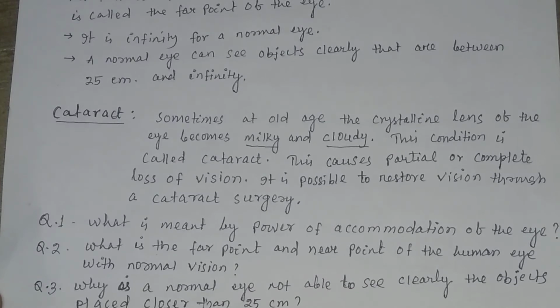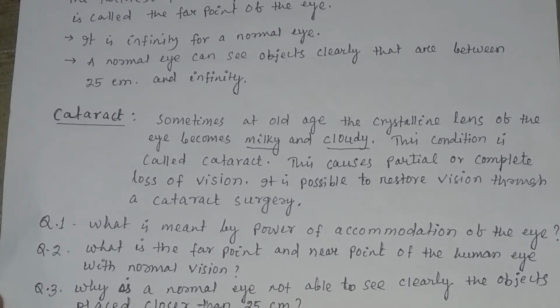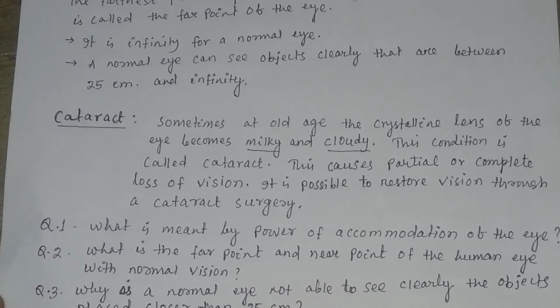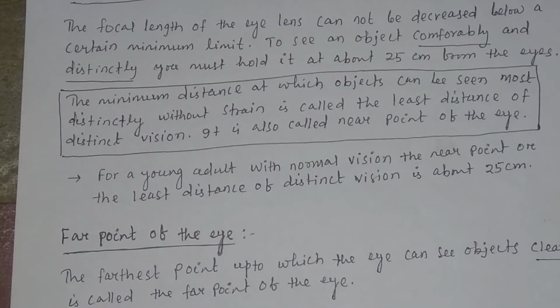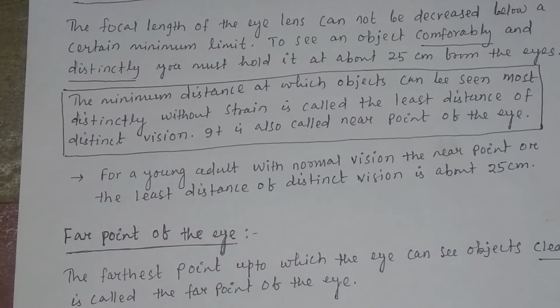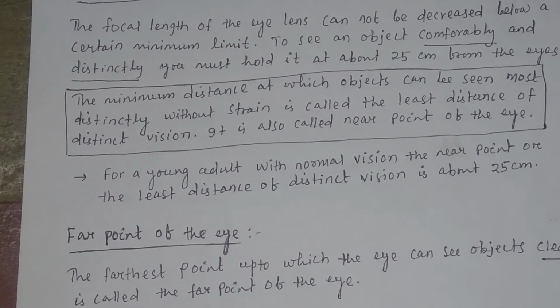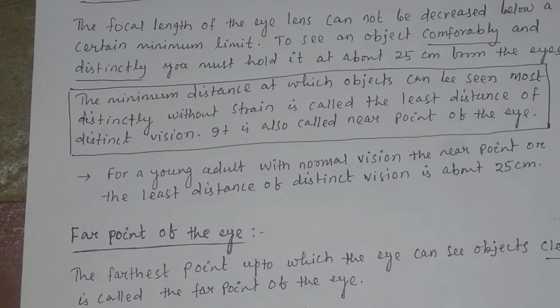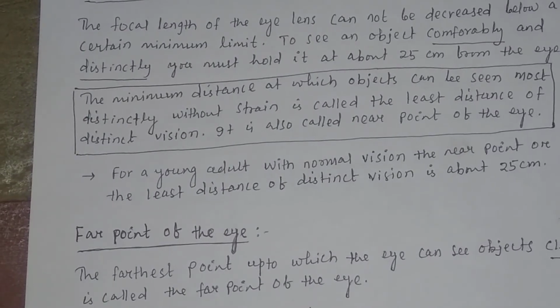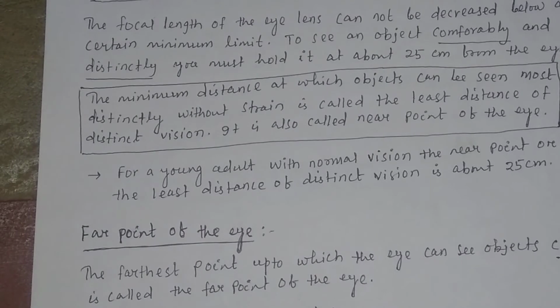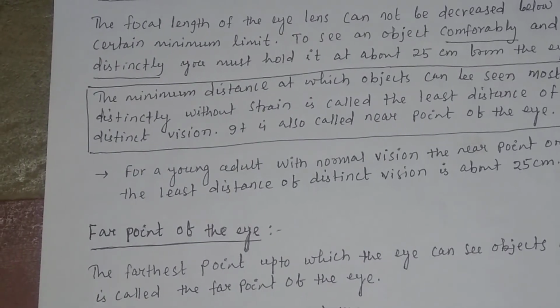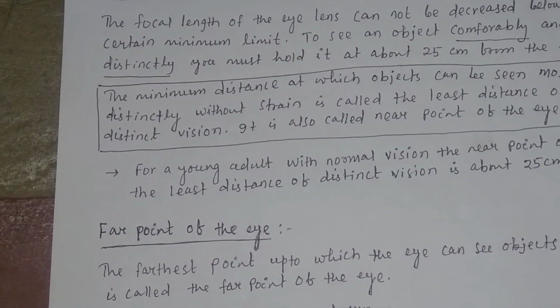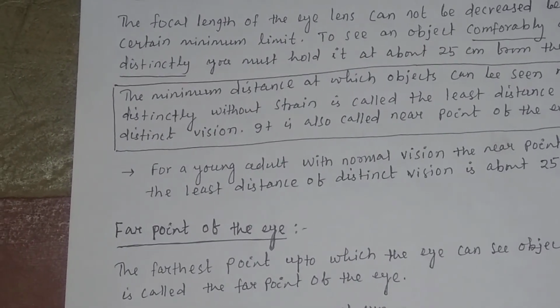Why is a normal eye not able to see clearly objects placed closer than 25 centimeter? Because the focal length of the eye lens cannot be decreased below a certain minimum limit. To see an object comfortably and distinctly, you must hold it at about 25 centimeter from the eyes.